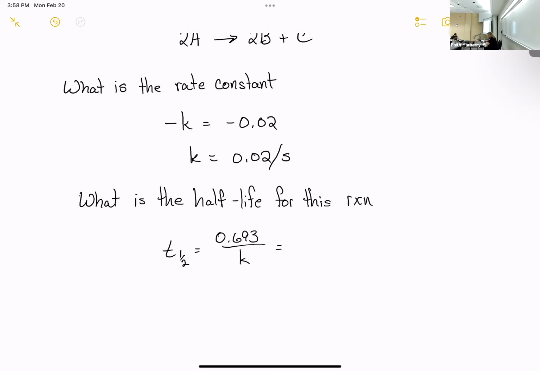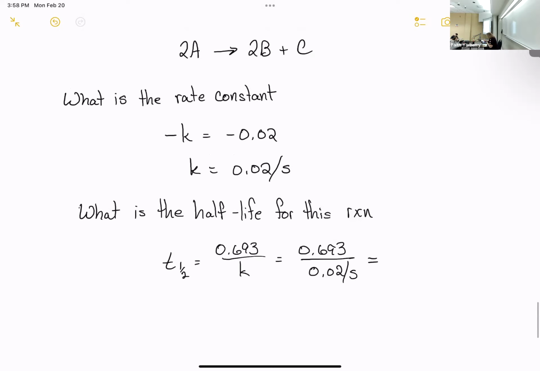Or in other words, it's 0.693 divided by 0.02 per second. So that comes out to be equal to 34.65.